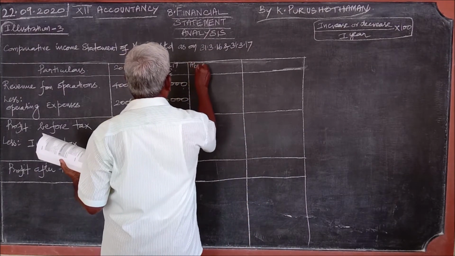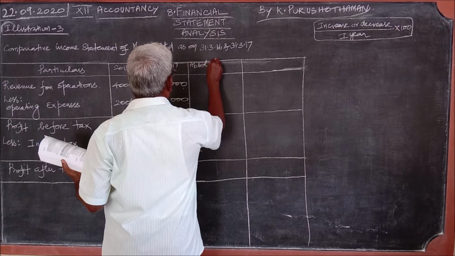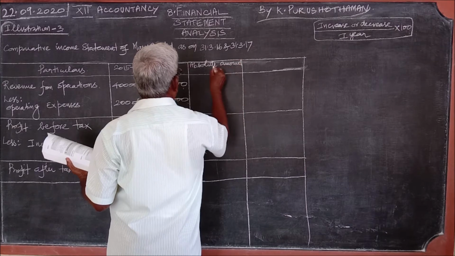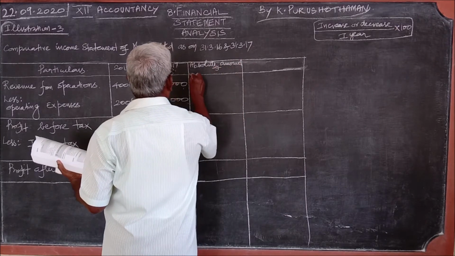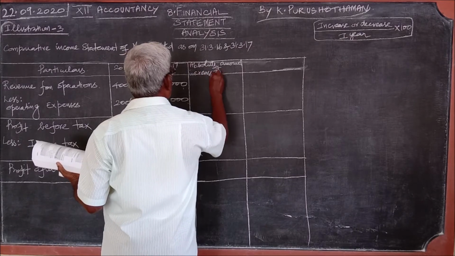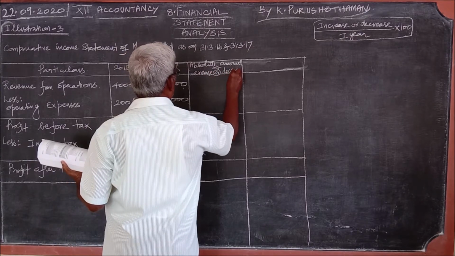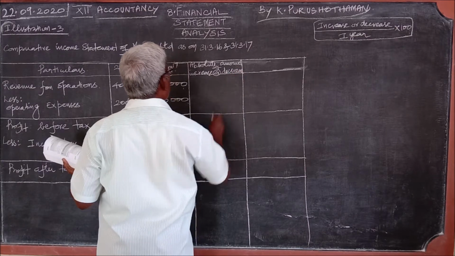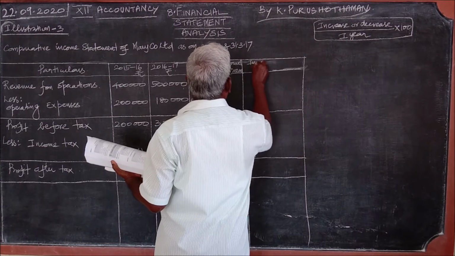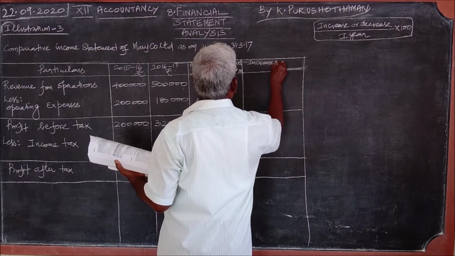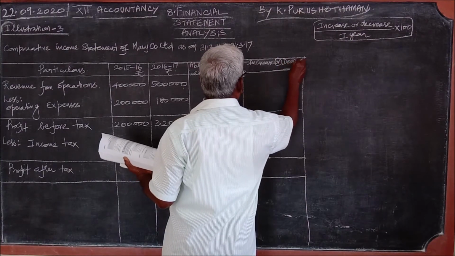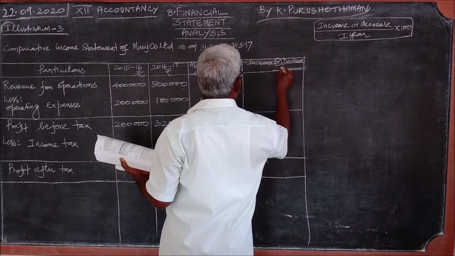This is the absolute amount of increase or decrease. Here, increase or decrease percentage.